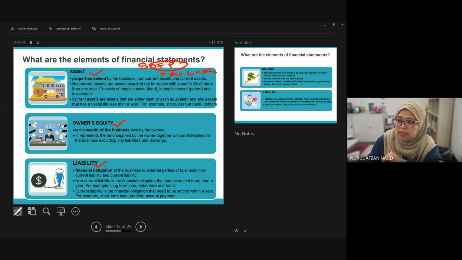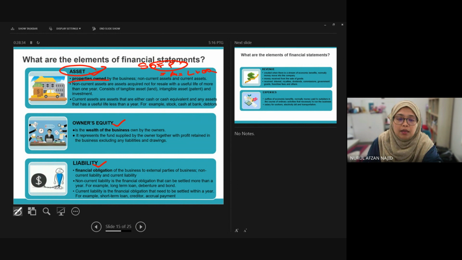Okay, so asset ni kalau kita cerita pasal asset ni adalah keywords yang penting, dia adalah properties owned by the business. Kalau you sendiri, you sekarang ni, you ada tak asset? Kalau barang tersebut adalah hak milik you, itu dipanggil sebagai asset. Properties owned.